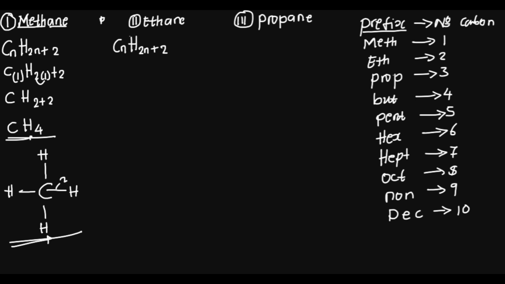Now let's break our name into 2 parts. The first part here is eth. From this, we are looking at 2 carbons. Then ane tells us that it's an alkane. So let's begin. Let's substitute n with 2.